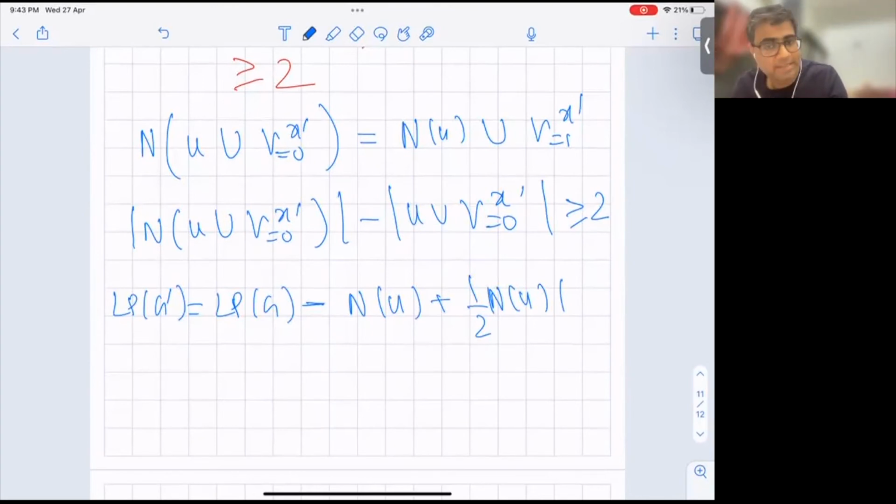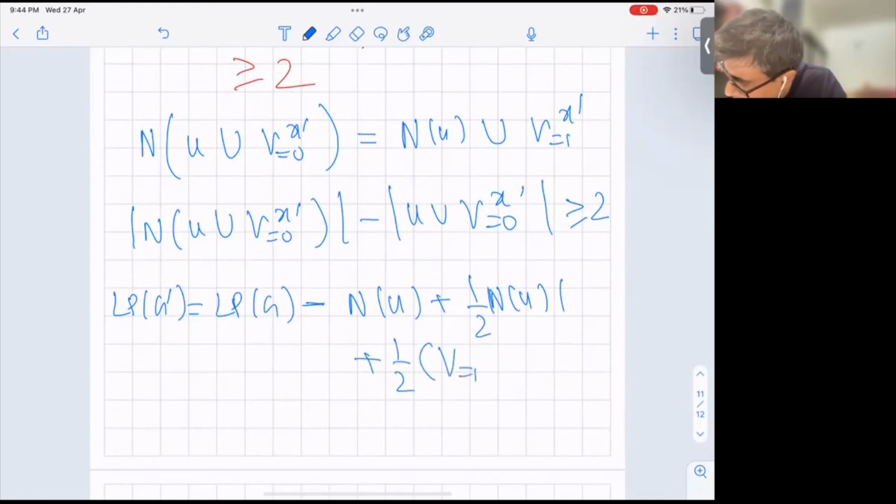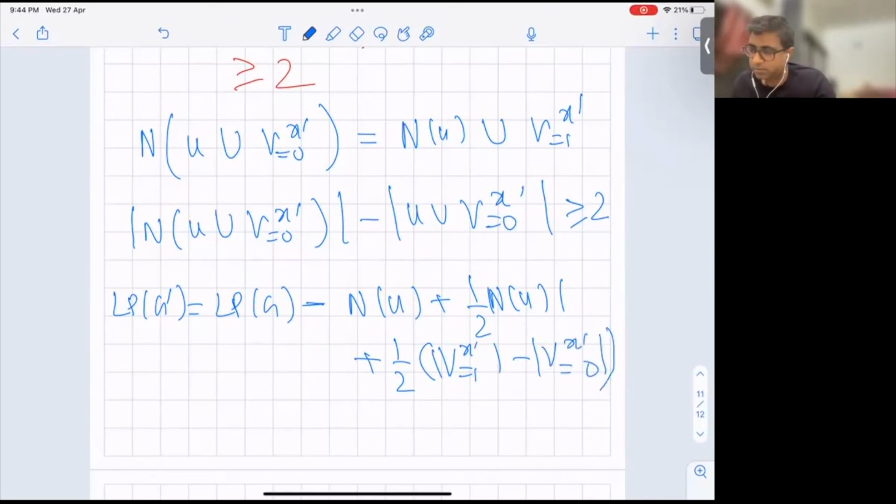And what else did we have? We had the next half of, if I recall correctly, V1 in X prime minus V equal to 0 in X prime. Is that okay? This is exactly what we have.